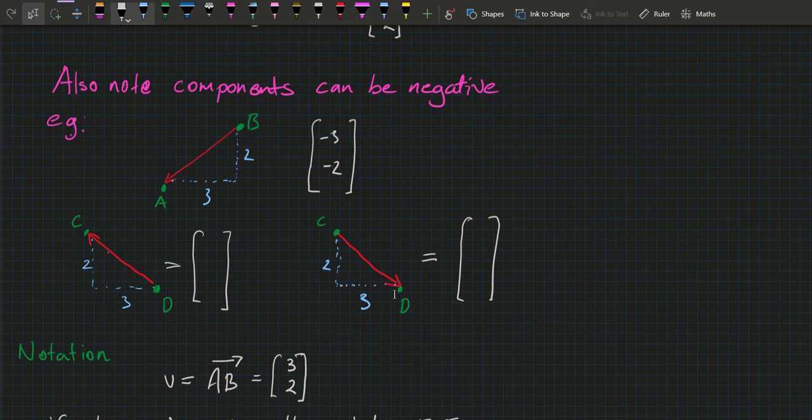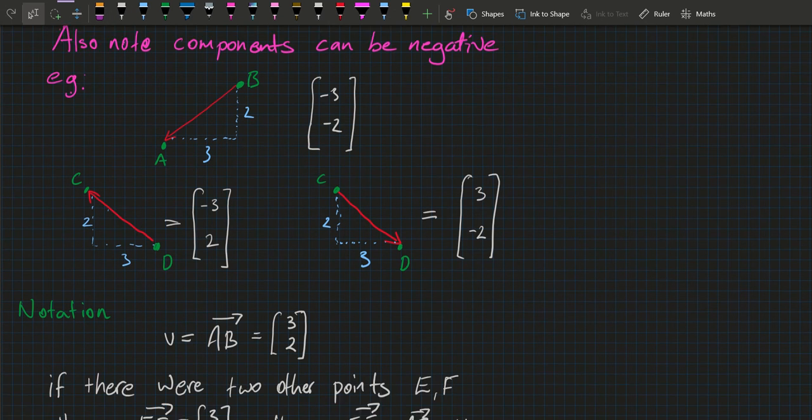So for example, if this one here is minus AB, which is also known as BA, but if we had C and D, that was sort of the same thing, and this one here you can see it goes from D to C, so it moves in the negative direction for the x and up in the positive direction for y. And this one here, well, it's opposite, isn't it? So it's (3, -2).